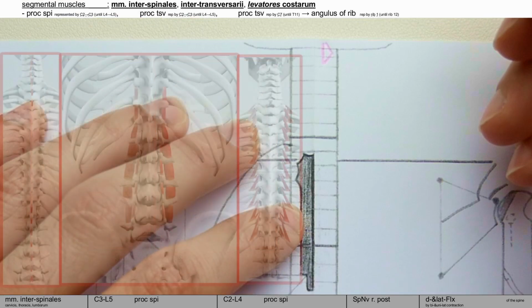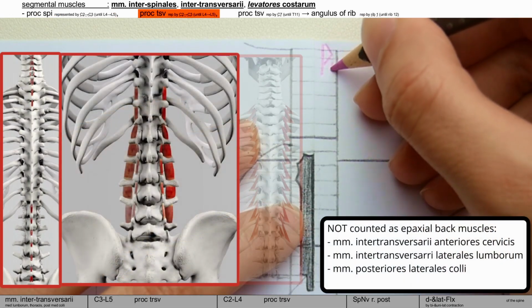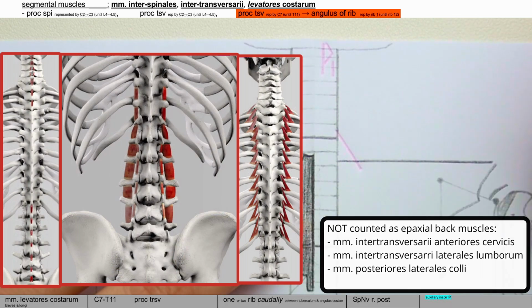In the deepest layer, there are 3 more muscles. For the sake of overview, I will only draw a small part of these muscles. The musculi interspinalis, musculi intertransversarii, and musculi levatores costarum.